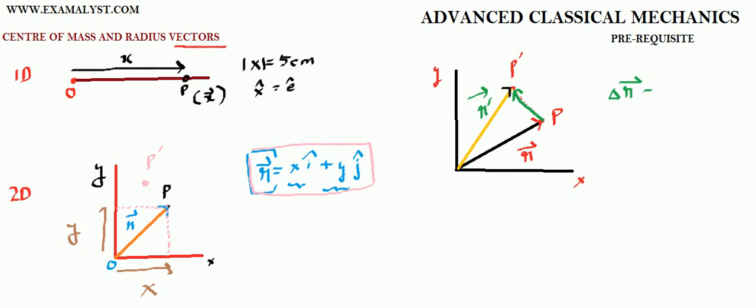In the vectorial notation, it is written as r dash vector minus r vector. So this is delta r, the green line here, and delta r represents the displacement in terms of the radius vector r.